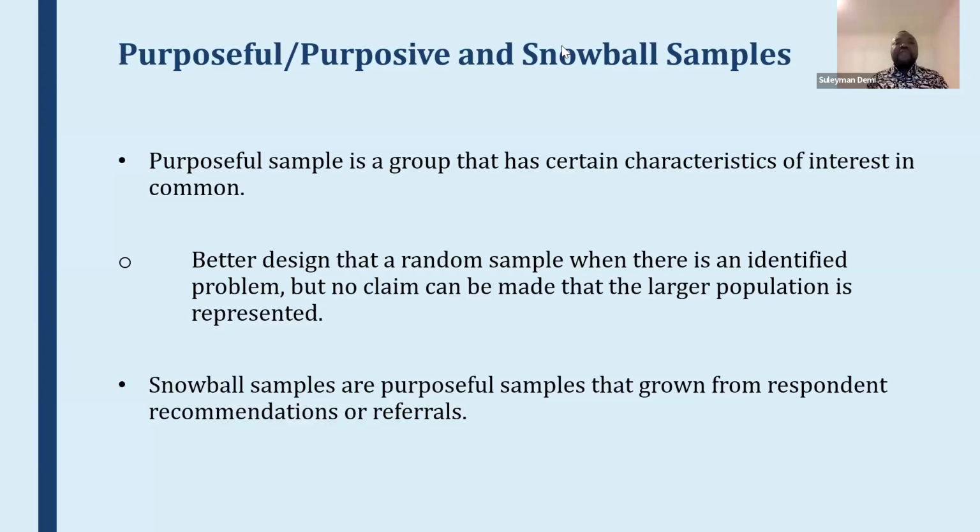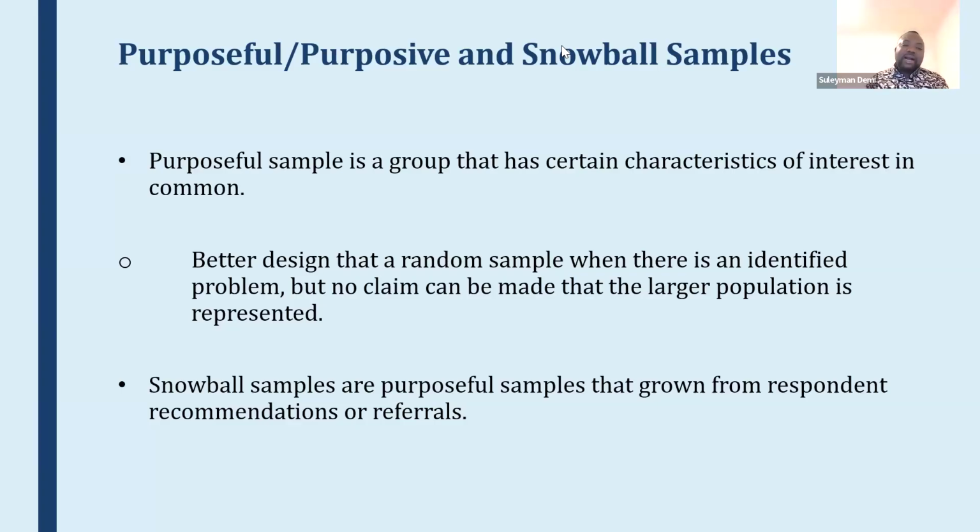Of course, you may want to select people who have experienced grief and you want to know how they deal with the grief during that period. So you are going to select people that have the information that you are interested in. It's better designed than random sampling when there is an identified problem, but no claim can be made that the larger population is represented.